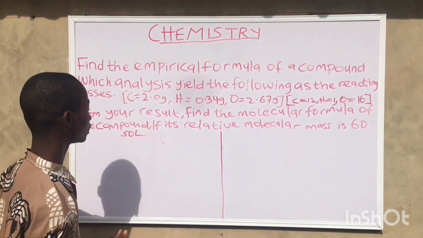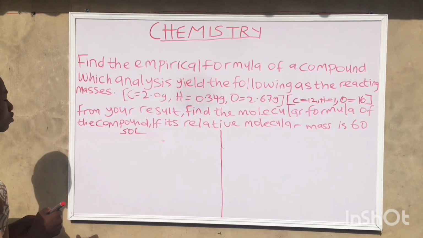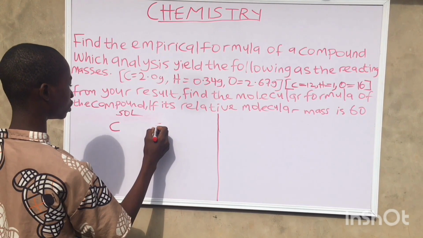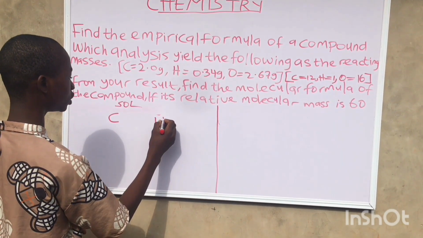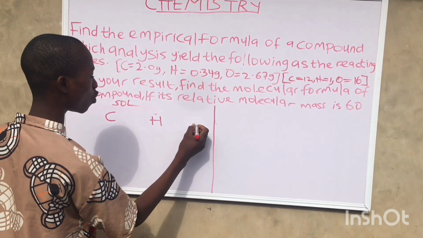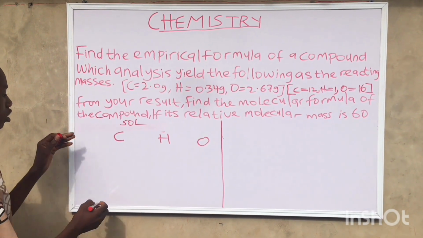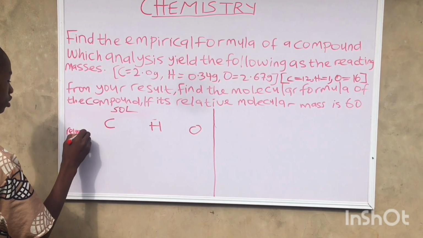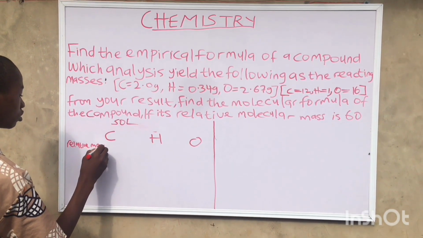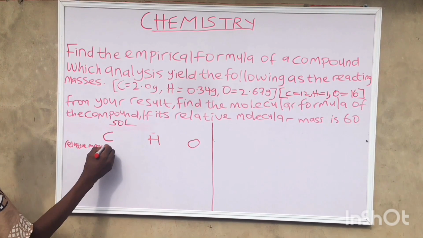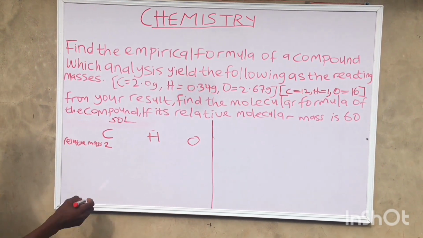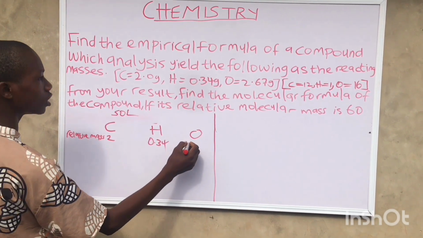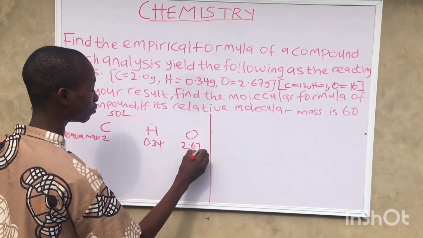60. So let's start. The first thing is our carbon C, our hydrogen H, and our oxygen O. Our relative mass is 2 gram for carbon, for hydrogen we have 0.34, and for our oxygen, we have 2.67.